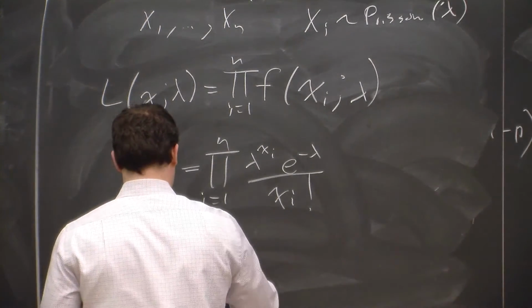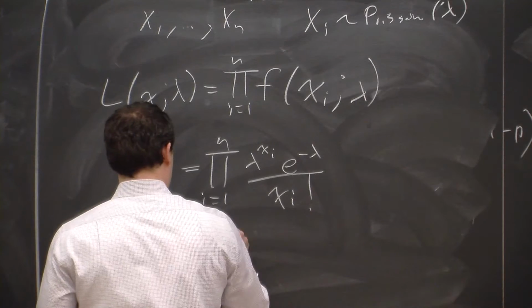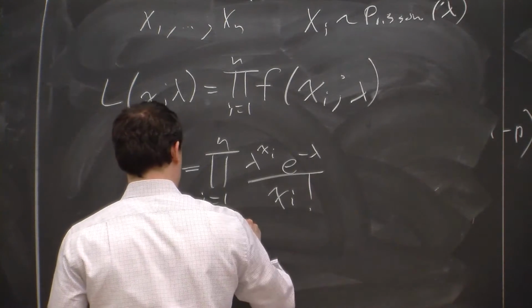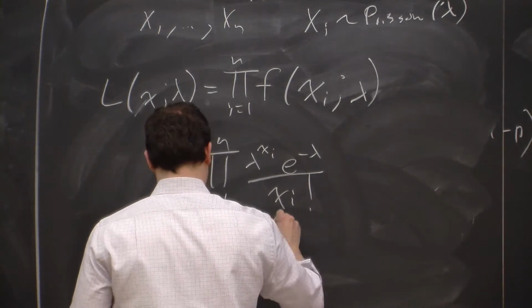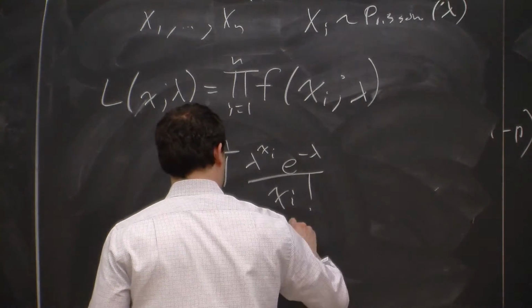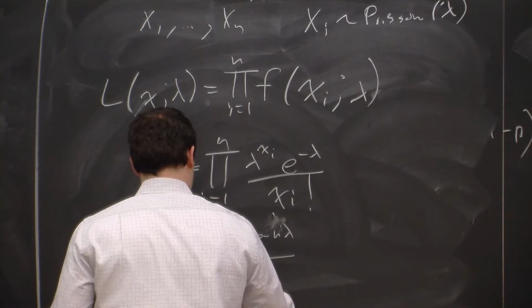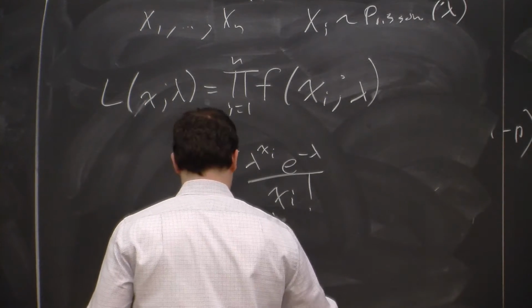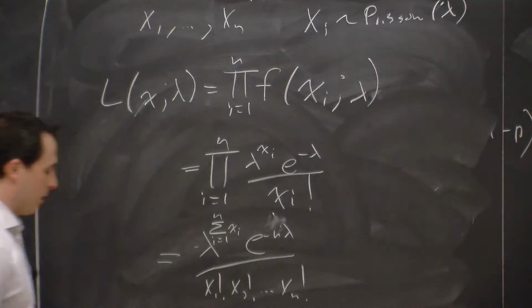So that's lambda to the sum from i equals 1 to n of xi, e to the minus n lambda, over x1 factorial, x2 factorial, up to xn factorial.